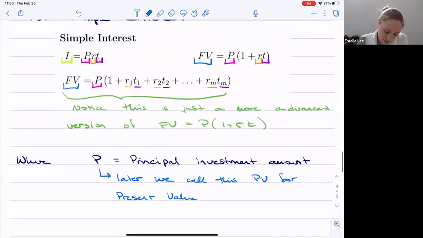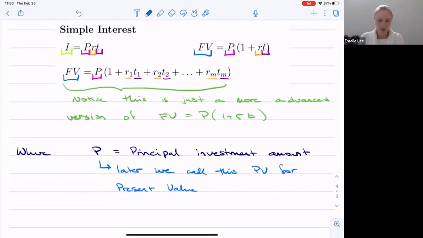Hopefully, because you're in business, you all understand that you can take some amount of money to the bank, and they offer you some interest rate. So you deposit your money, and of course they use your money.